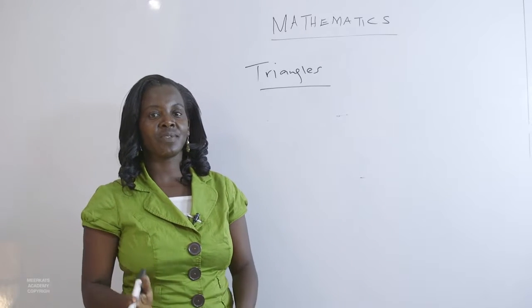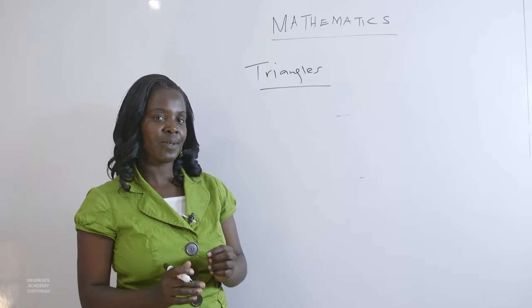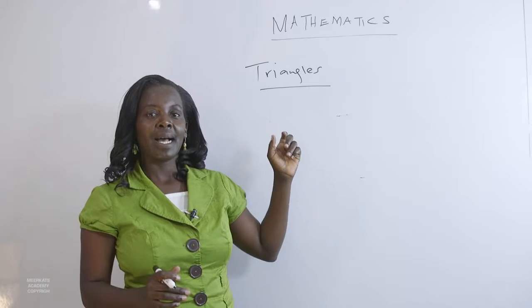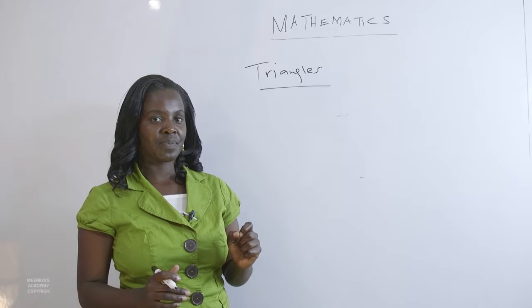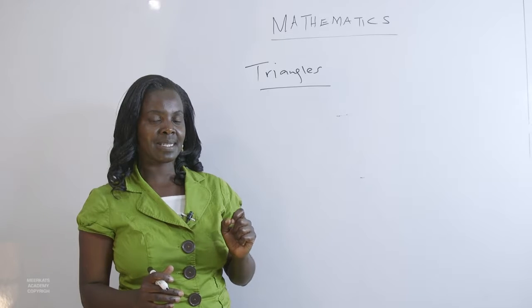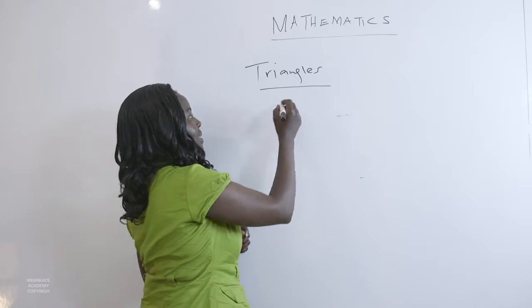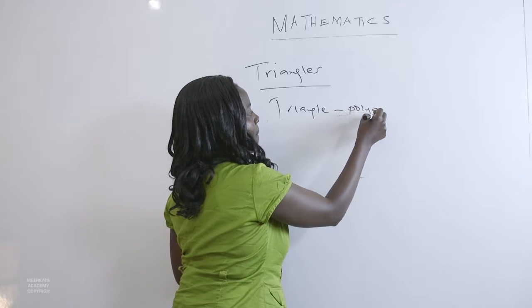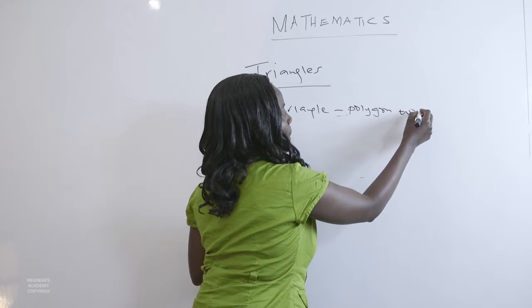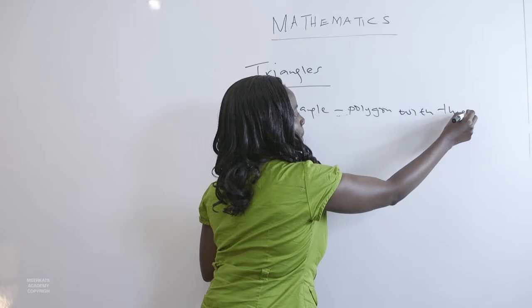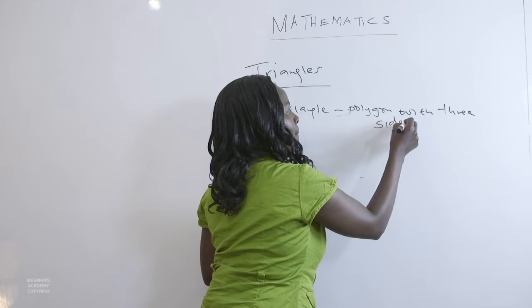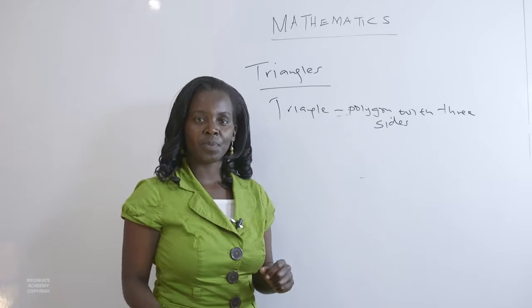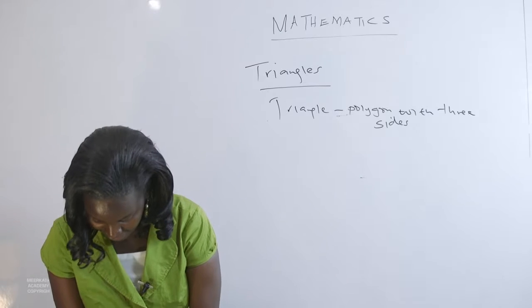Let's remind ourselves the meaning or the definition of a triangle. If we can remember well, a triangle is a polygon which has 3 sides.